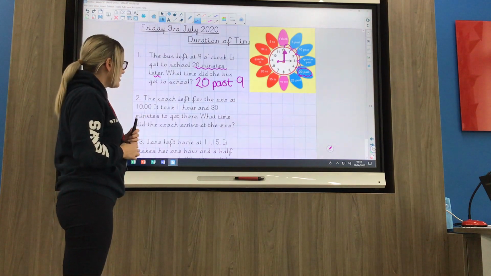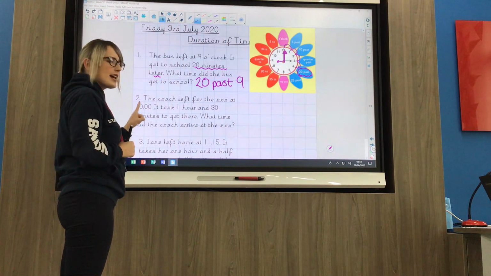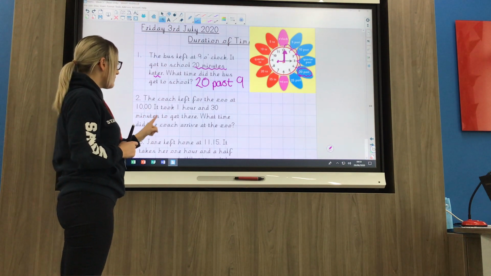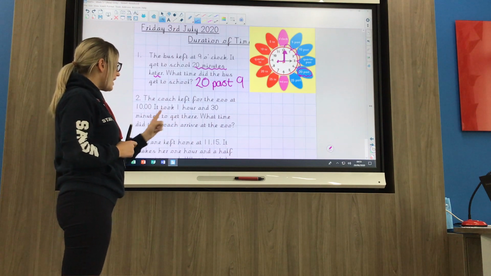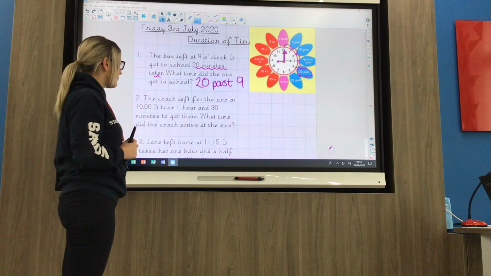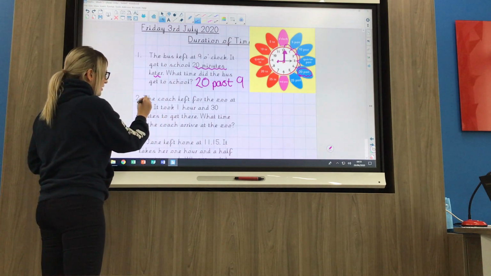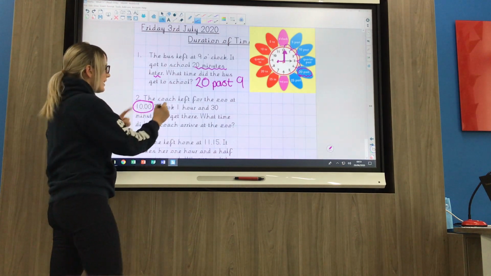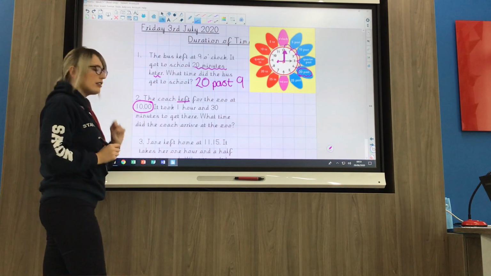The coach left for the zoo at 10 o'clock. It took 1 hour and 30 minutes to get there. What time did the coach arrive at the zoo? Okay, so I'm going to underline or circle the important information. So it left at 10 o'clock.